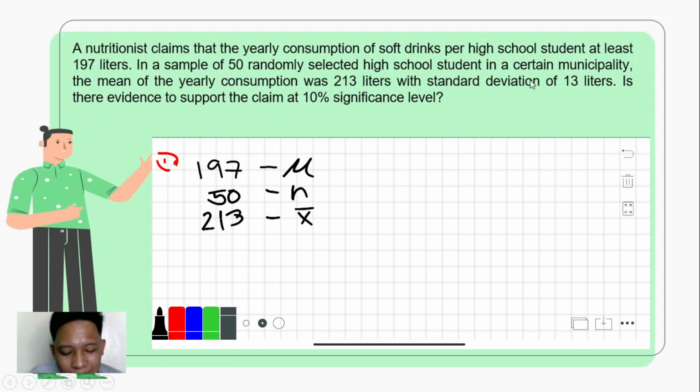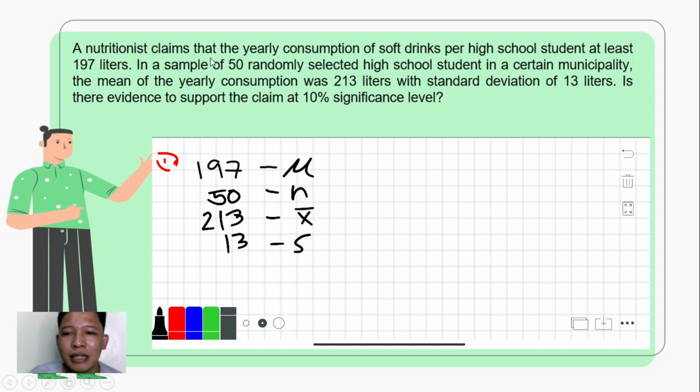So, ibig sabihin, yung 13 liters na standard dev is our sample standard deviation. So, that represents our S, or the sample standard deviation.